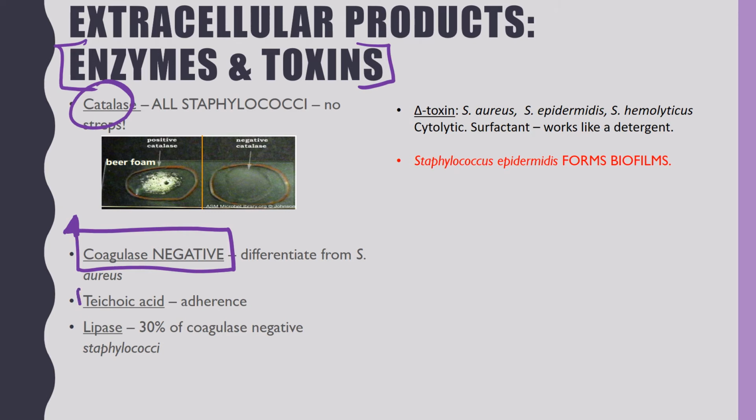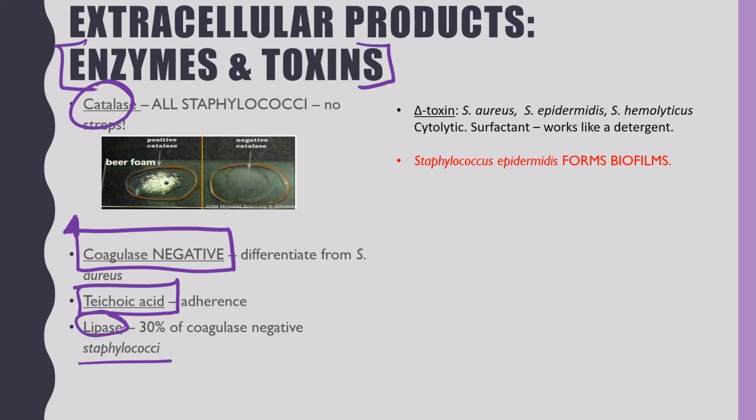It's gram-positive, so that means it has those teichoic acids, and those are really good for adherence, right? It also has lipase, so about 30% of the coagulase-negative staphylococci will have lipase, which basically means they're capable of breaking down fats. So that's one of those extracellular enzymes that's good for invasion.